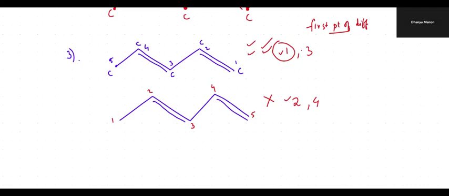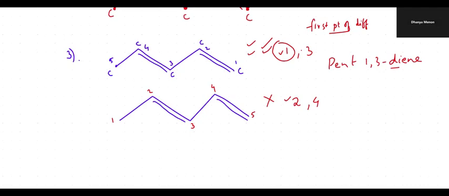So what would be the name? Word root first. There's no substituent. So we start with the word root, pent. And at which positions is the double bond there? 1, 3, diene. Diene because there are how many double bonds? 2 double bonds.